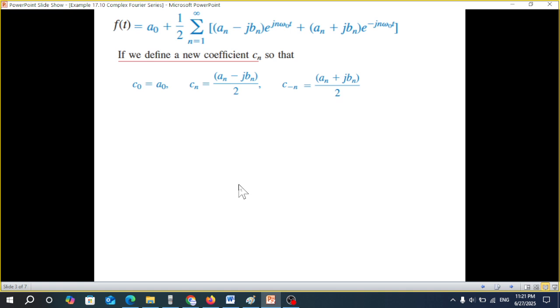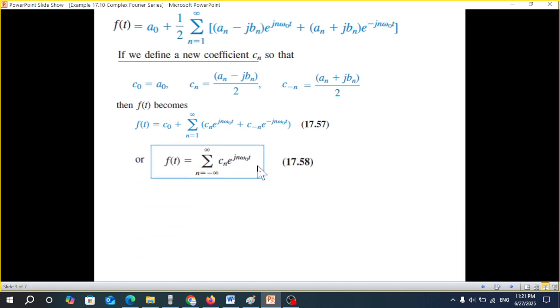All terms are in terms of C. So this equation will now become as here, and it can be further simplified if we collect all the C's. So all the C's here, and now the limit is from minus infinity to plus infinity.